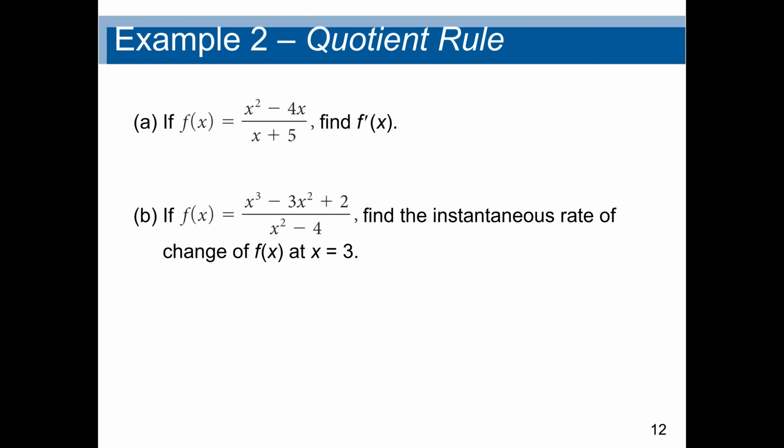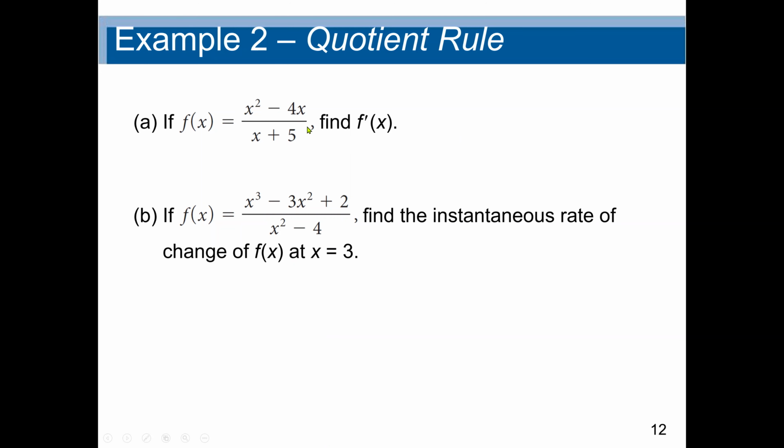So what I'm trying to say here is that anytime you have a quotient, unless the question says find the derivative of this function using the quotient rule, in that case you cannot simplify the equation first.